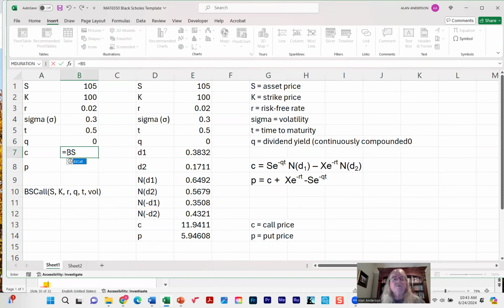But what I recommend you do is not type those letters, type the cell references. In other words, here that would be B1, B3, B6, B5. Oh, wait, I did something wrong.